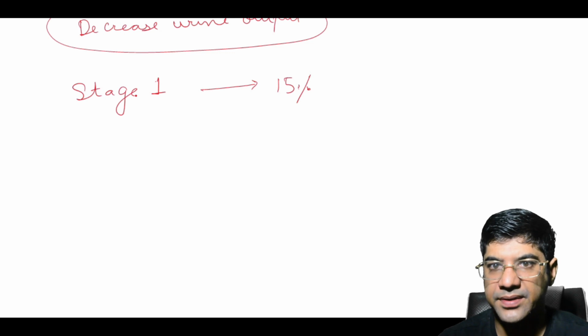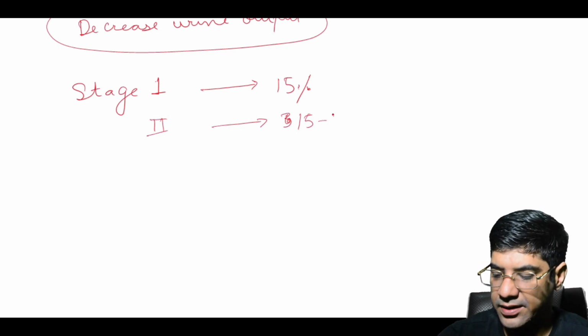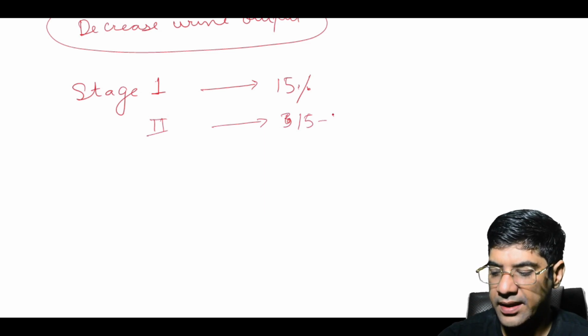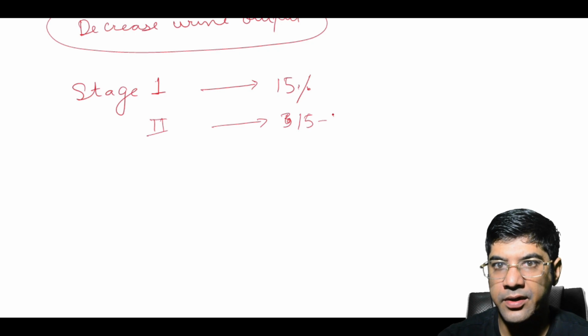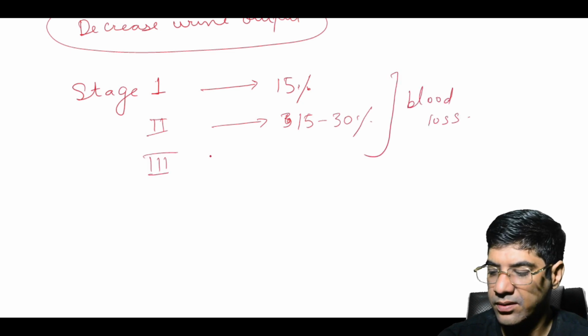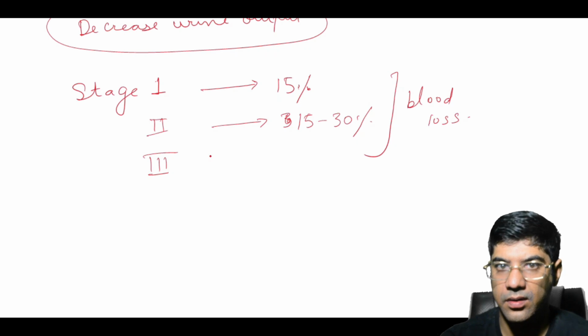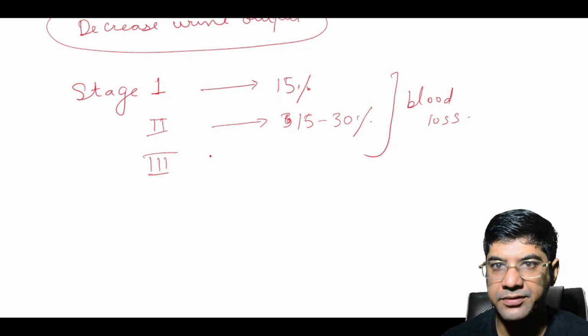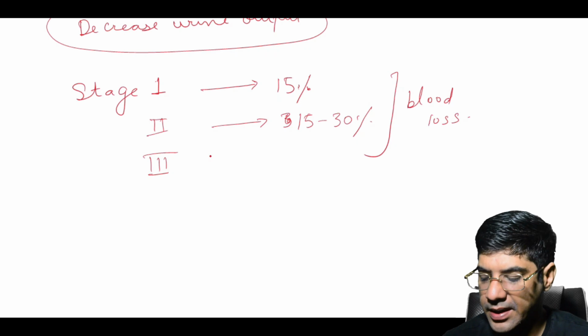So the body compensates well and the patient may have mild symptoms like increased heart rate. Stage 2, that is moderate, and here you will see 15 to 30% of the blood loss. Tachycardia, decreased urine output, and anxiety may be present.